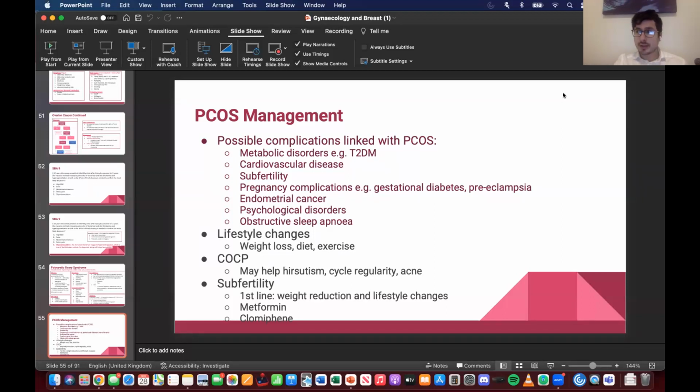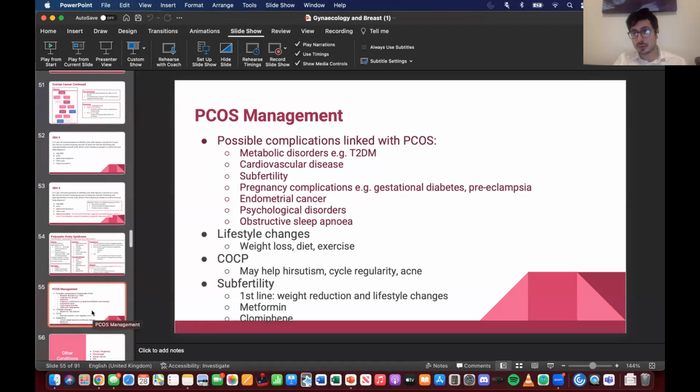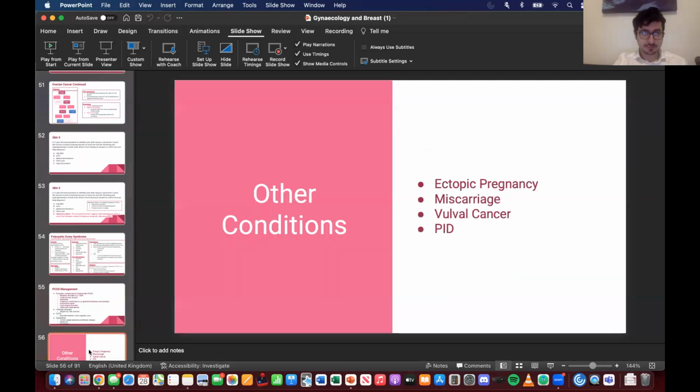But when someone with PCOS wants to conceive, weight reduction and lifestyle changes first, but clomiphene is often used, and metformin is a secondary agent. Metformin is to reduce the general insulin resistance and help with weight loss, and clomiphene helps with ovulation.